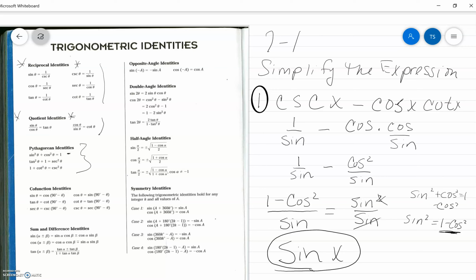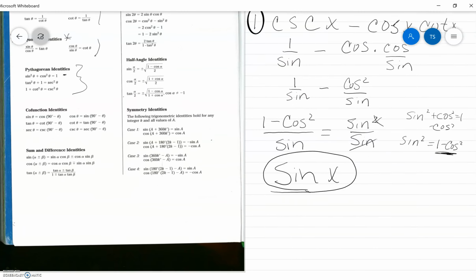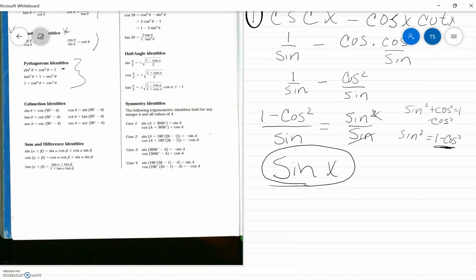That's one simplification problem. Okay, now I've got a few of these planned. So number 2 here, I've got sine x plus sine x times cotangent squared x.